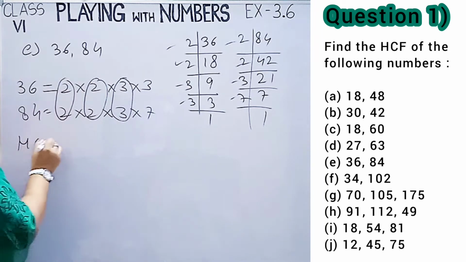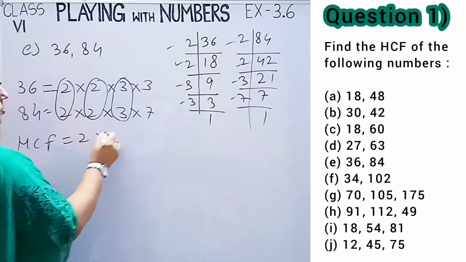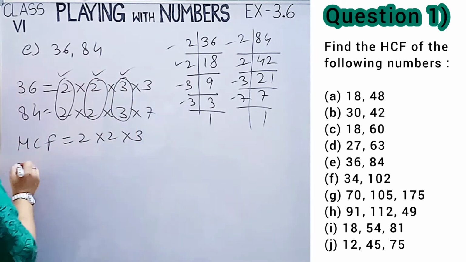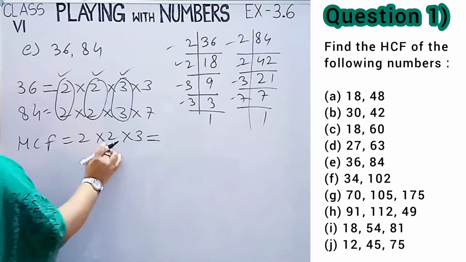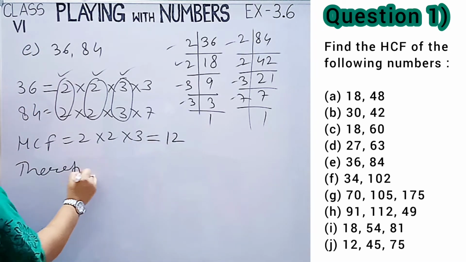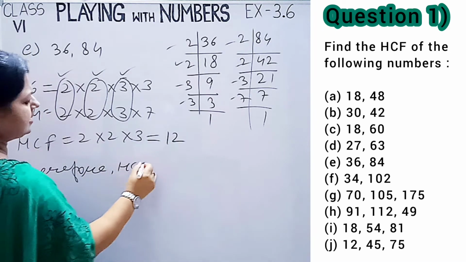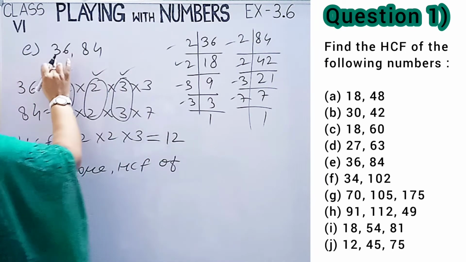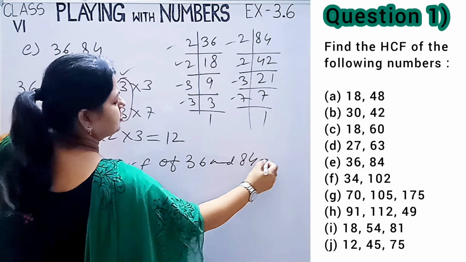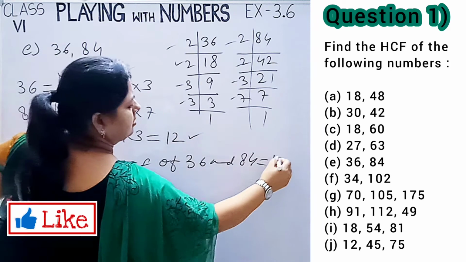So HCF is equal to 2 into 2 into 3. 2 common, 2 common, 3 common is equal to 2 times 2 is 4, 4 times 3 is 12. Therefore, HCF of 36 and 84 is equal to 12. Answer.